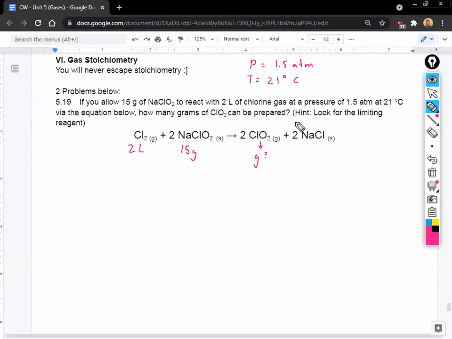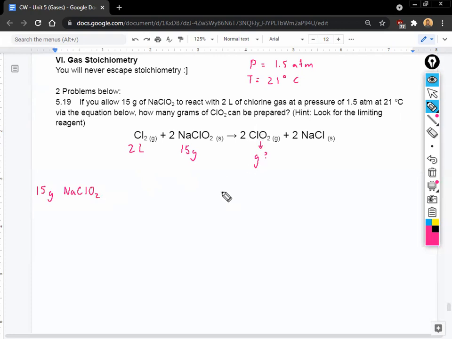So what we want to do first is figure out what the limiting reagent is. That way we can figure out how many grams of ClO2 can be prepared. So let's start with NaClO2, because this is just regular stoichiometry, okay? If I have 15 grams of NaClO2, do you guys think you could find the grams of ClO2 that's formed?